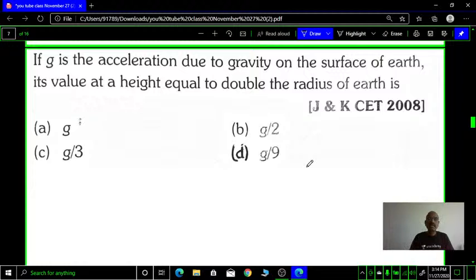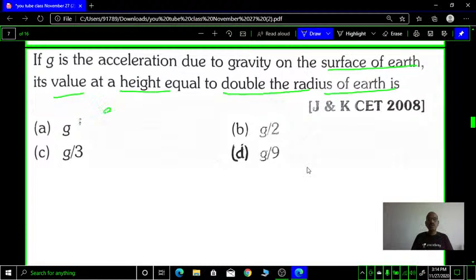If g is the acceleration due to gravity on the surface of the earth, its value at a height equal to double the radius of the earth.